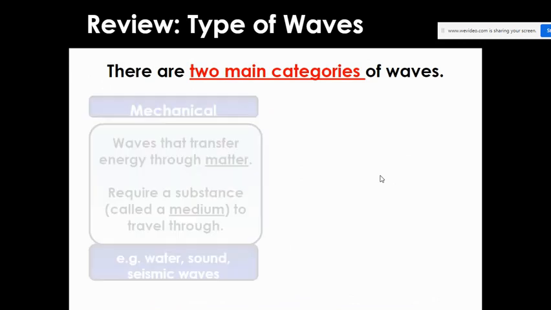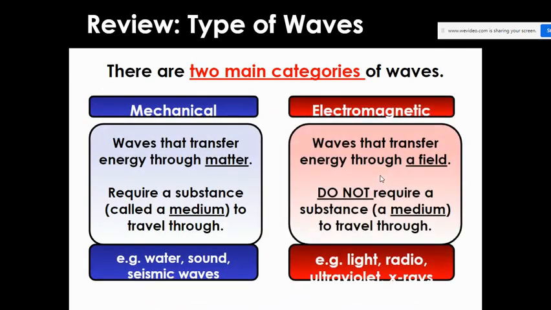There are two main categories of waves, mechanical and electromagnetic. Mechanical waves, recall, need to transfer through matter, which we call a medium. Examples of mechanical waves are waves that you would see in water, sound waves, and seismic waves through the ground. Electromagnetic waves are able to transfer energy through space.